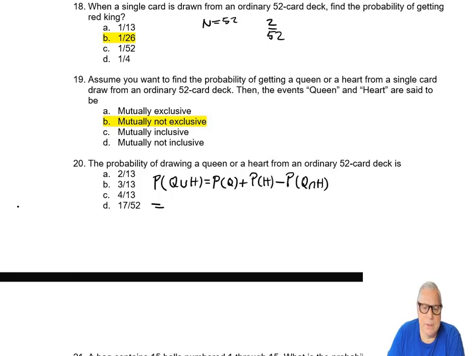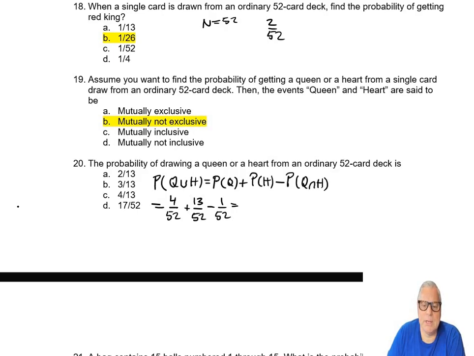So the probability of a queen, there are 4 queens in it, which is 4 over 52, plus how many hearts are in there? 13. How many queen of hearts are in there? 1.